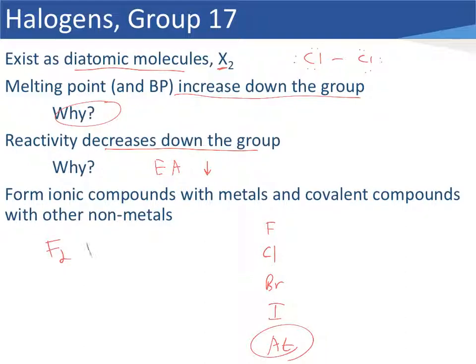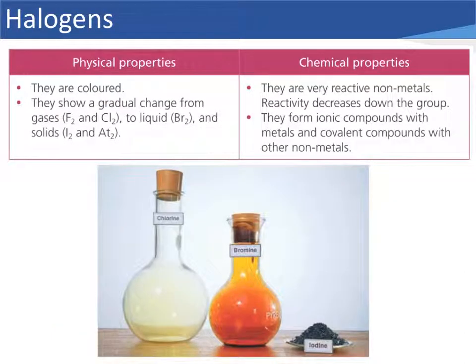When fluorine reacts with sodium metal to make sodium fluoride, the fluorine gains electrons, and this is something we'll study in topic 9. And as you go down the group, iodine is less likely to want to gain that electron, and so they become less reactive.